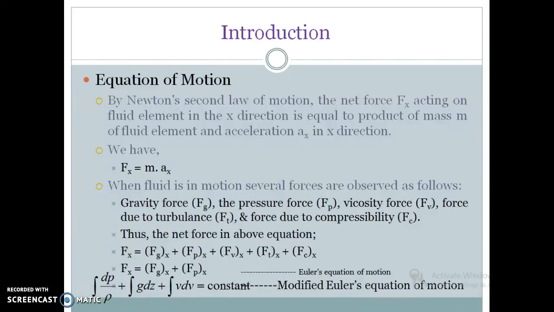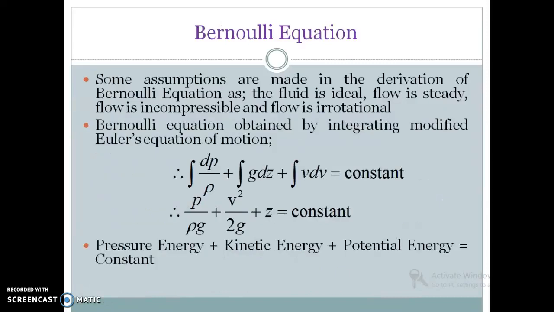By taking the resultant net force, the modified form of Euler's equation, after integration, is: integral of dp by rho plus g dz plus v dv is equal to constant. That is the modified Euler's equation of motion. By using the modified Euler's equation of motion, we will get the Bernoulli equation.